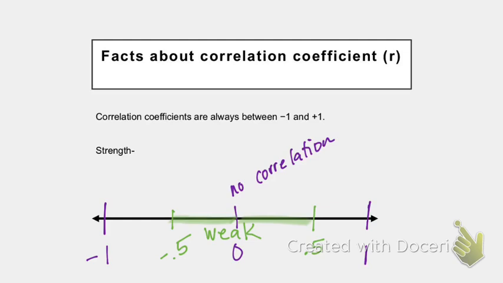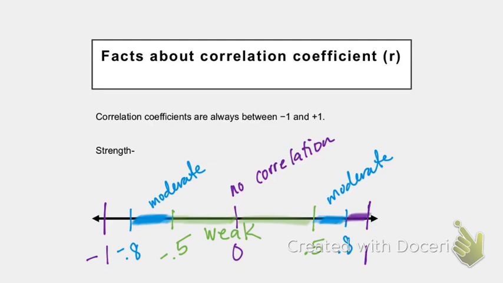Anything from 0.5 to 0.8 and -0.5 to -0.8, we consider to be moderate. And then anything from 0.8 to 1 and -0.8 to -1 is considered strong.